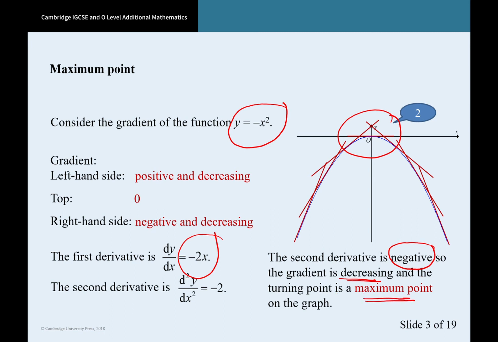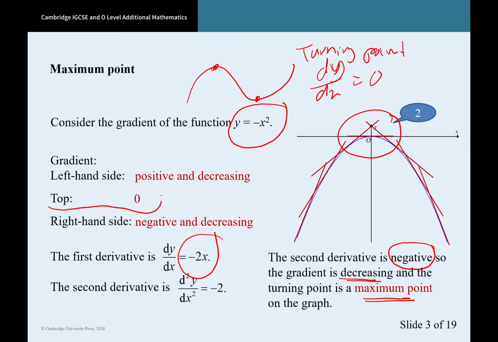Okay, before that, don't forget, this is called the turning point, maximum point and minimum point. This is the turning point. So at this point, dy/dx equals 0. Please remember that at the turning point, dy/dx is 0.